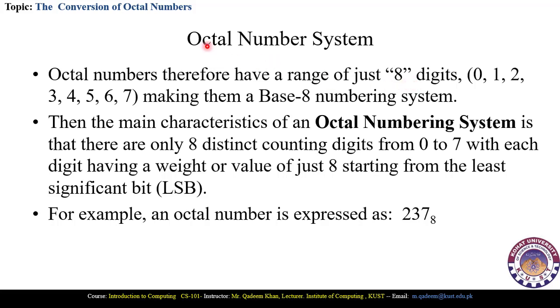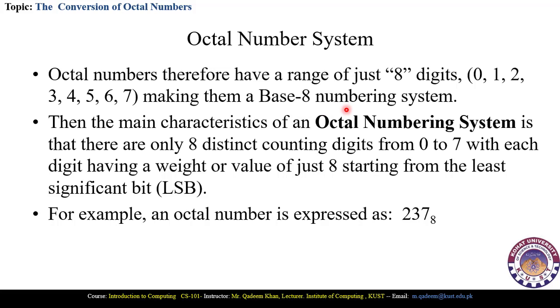Unlike the decimal number system, which has the range of 10 digits, that is 0, 1, 2, 3, 4, 5, 6, 7, 8 and 9, here in the octal number system we have 8 digits from 0 to 7. So 0, 1, 2, 3, 4, 5, 6 and 7 are the numbers which are used to create the octal number system with the base 8.